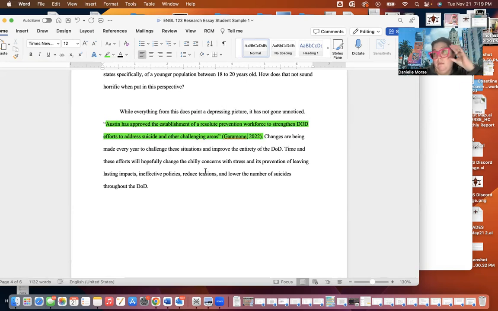Because the DoD, you know, and it makes sense, but I'm so shocked that the VA is not mentioned at all. They're a very unique organization, but clearly the issue is with the DoD from the student's perspective.